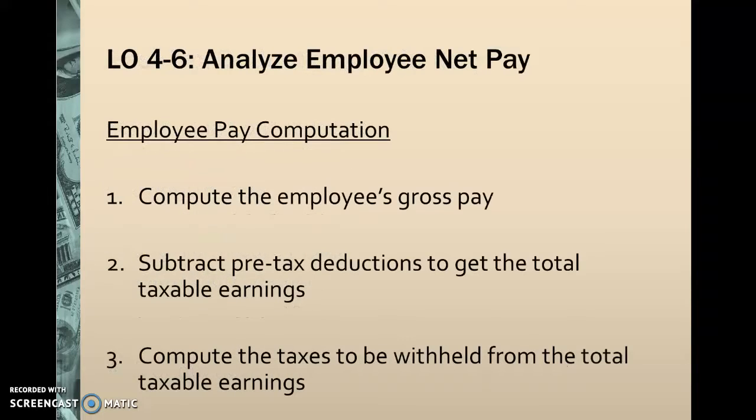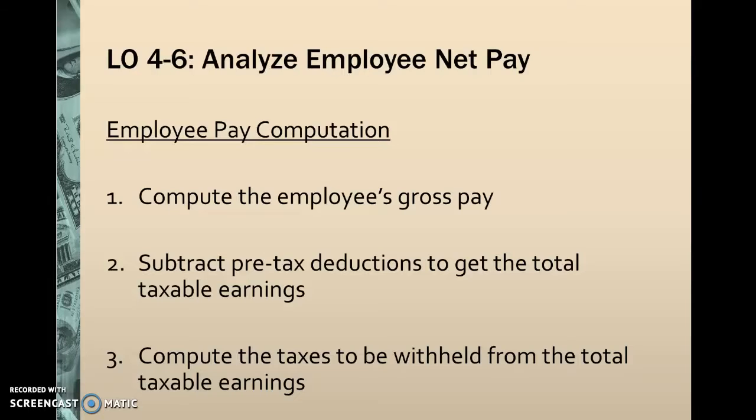All right, moving along. Learning objective number 6. This is analyzing the employee's net pay. All right, so how do we calculate the employee's net pay? Step 1 is to calculate the employee's payroll gross pay. The second step then is subtract any pre-tax deductions to get the total taxable earnings.